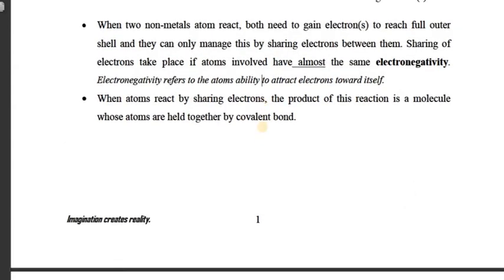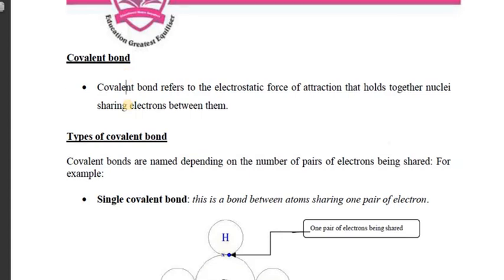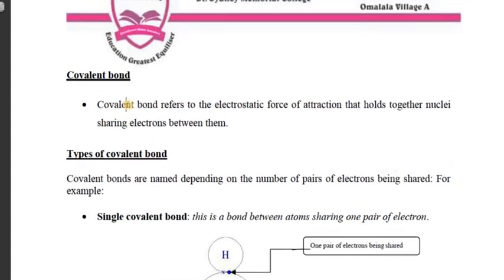So we'll remember that with covalent bonding, there is a sharing of electrons, as opposed to ionic bonding, where you have the metal donating an electron and the non-metal accepting an electron.